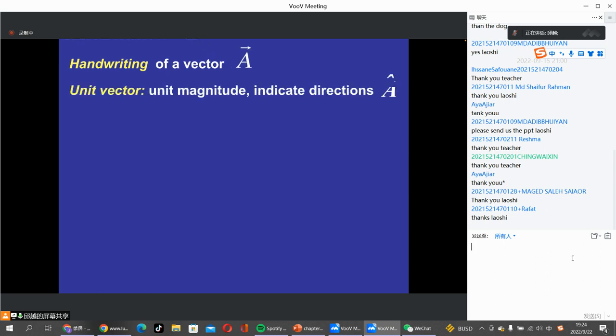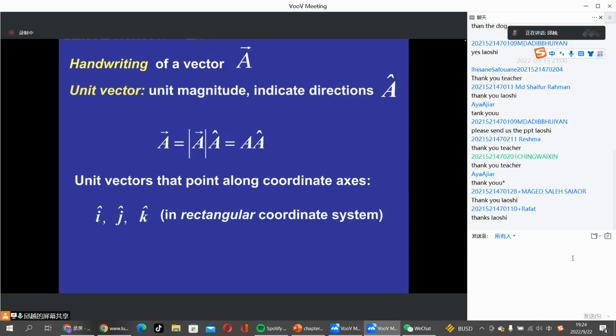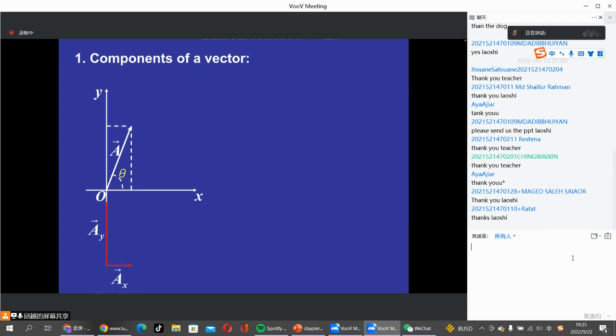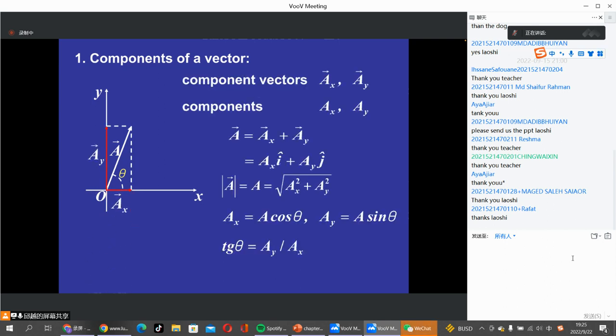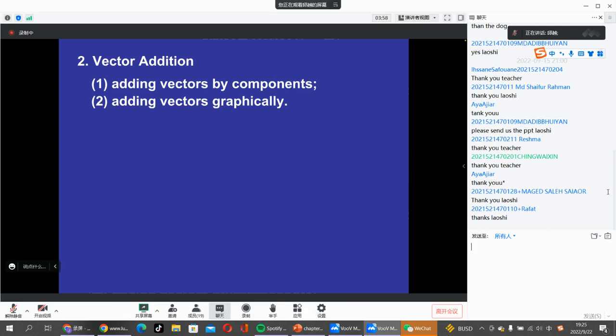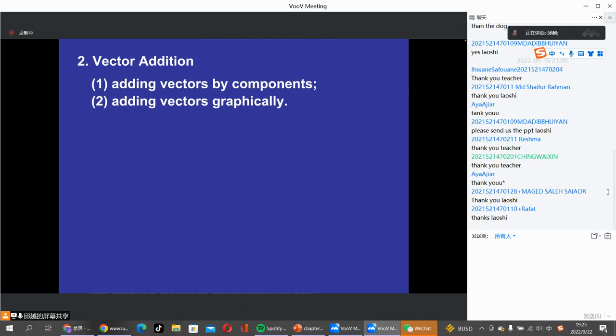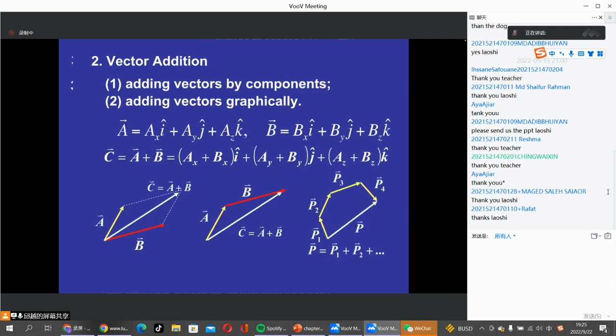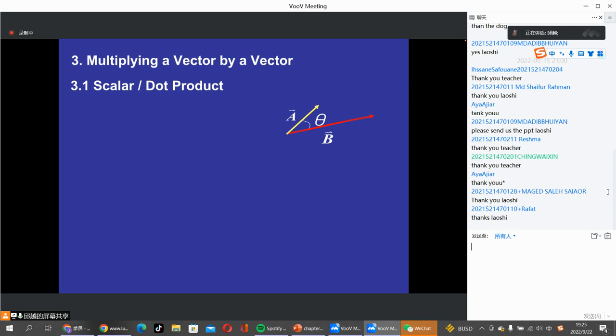And then we learned how to write a vector and how to divide a vector into components. By dividing vectors into components, we learned the calculation of vectors, like vector addition and vector multiplying.